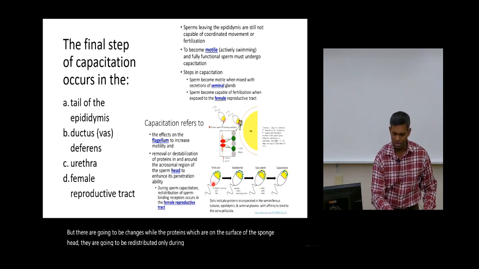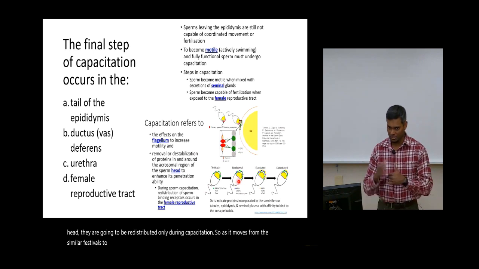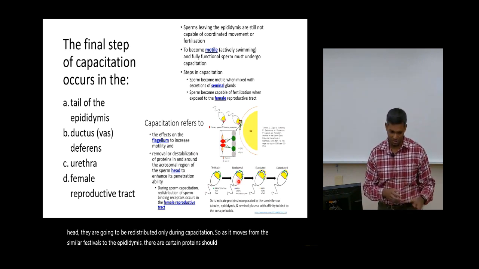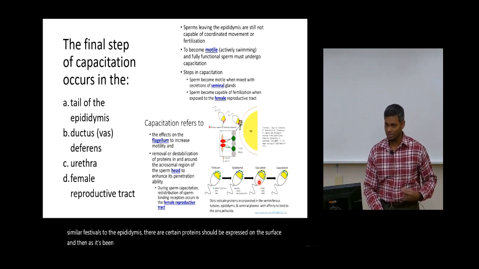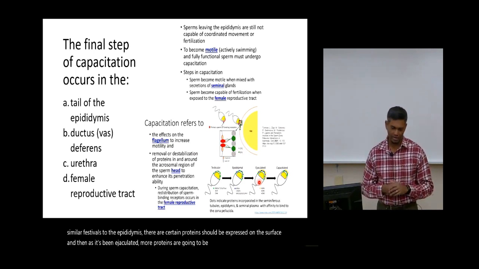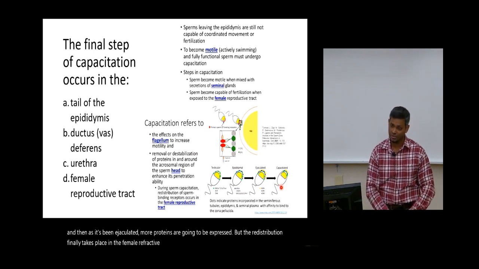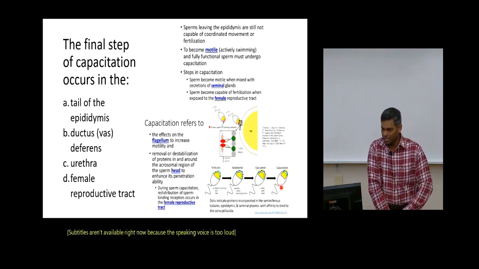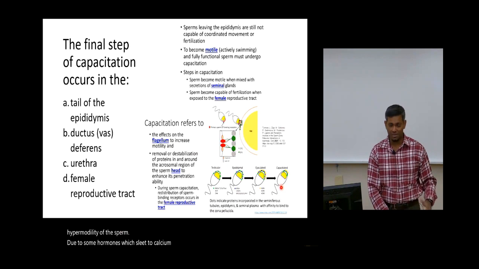So as it moves from the seminiferous tubules to the epididymis, there are certain proteins which will be expressed on the surface, and then as it's being ejaculated, more proteins are going to be expressed, but the redistribution finally takes place in the female reproductive tract. And also in the female reproductive tract, there will be hypermotility of the sperm, due to some hormones which lead to calcium entry into the sperm, and that makes it hypermotile.